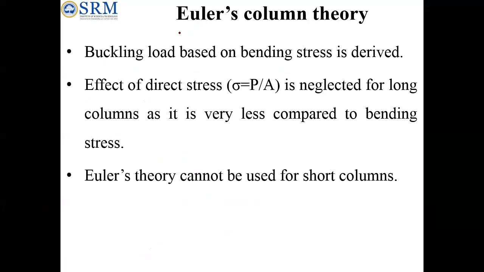There are two theories: one is Euler's column theory, then Rankine's theory. There are some shortcomings in the Euler theory, and Rankine theory is used to overcome those shortcomings. We'll discuss that also. Euler's column theory is mainly used for long columns, not for short columns. That is the main disadvantage of the Euler column theory.